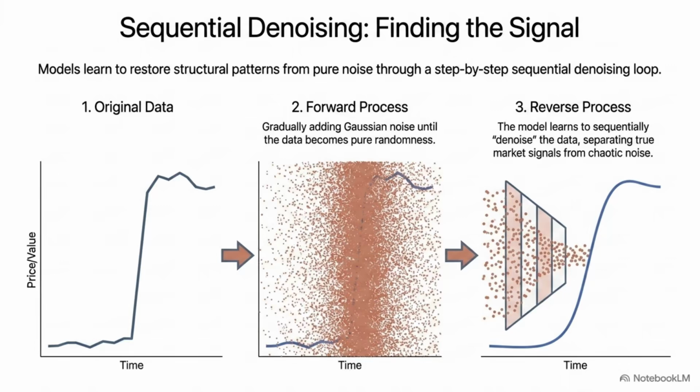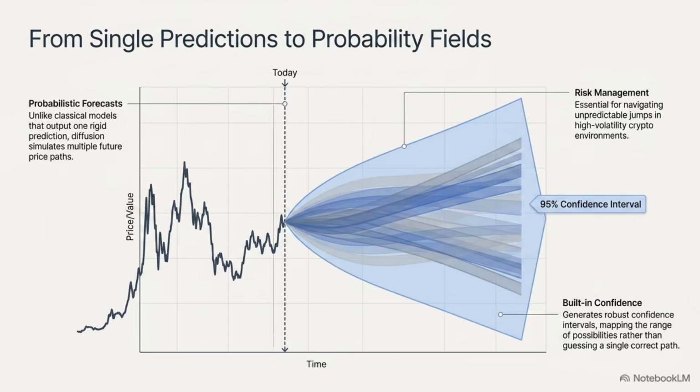What's fascinating here is that this is known as the sequential denoising process. The model takes real historical financial data, and step by step, it deliberately injects Gaussian noise. Wait, Gaussian noise? Yeah, just statistical randomness, basically. It adds it until the data is literally pure static. That's the forward process. So that's the breaking of the Lego castle. Right, exactly.